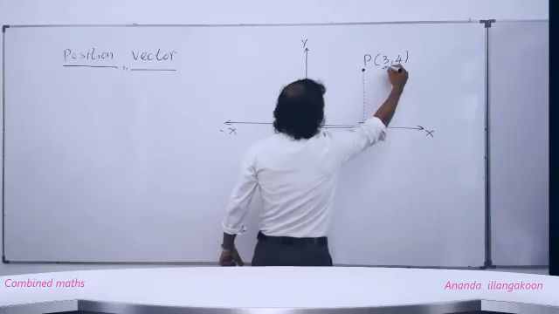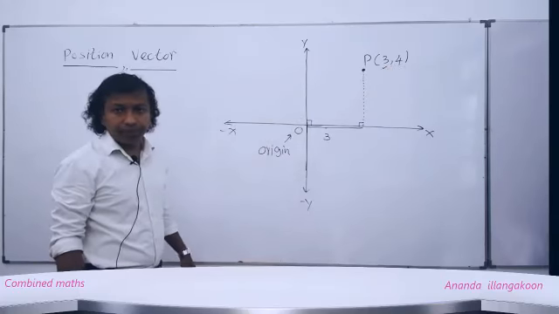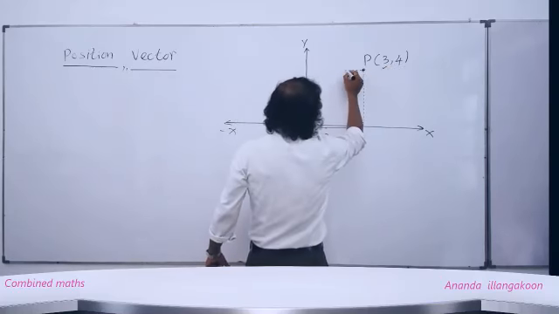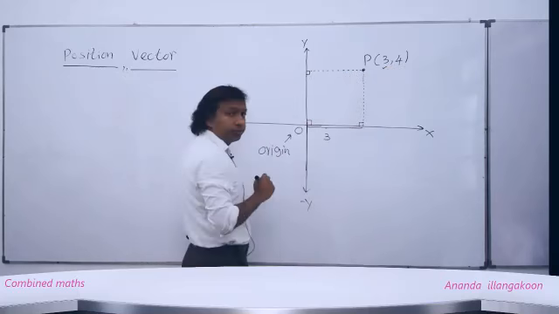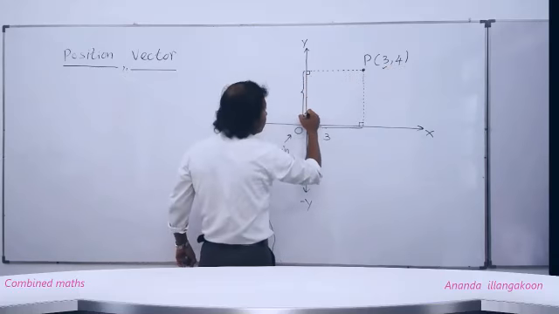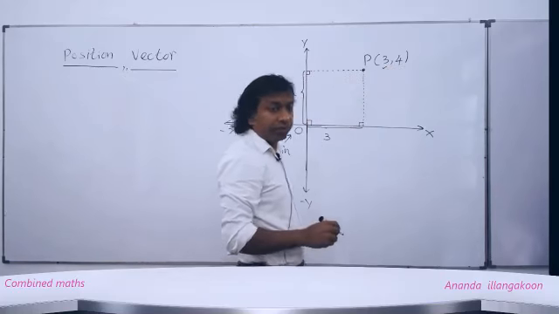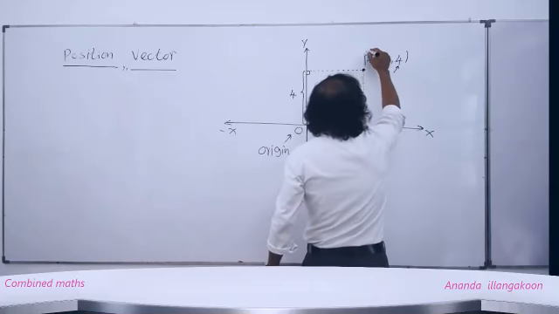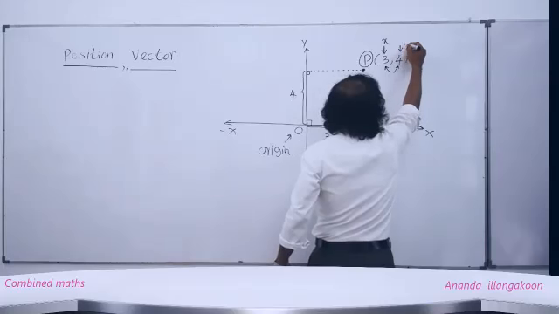That is what this 3 says. When you drop a perpendicular from P on the y-axis, this is 4 units. That's the meaning of this 3 and 4. They are called the coordinates of the point P. This is called the x coordinate. This is called the y coordinate.